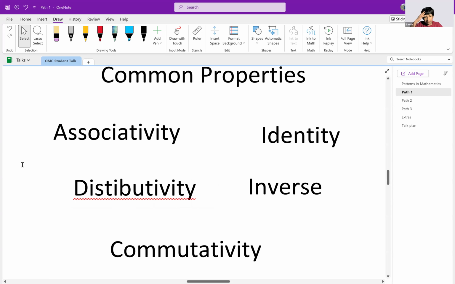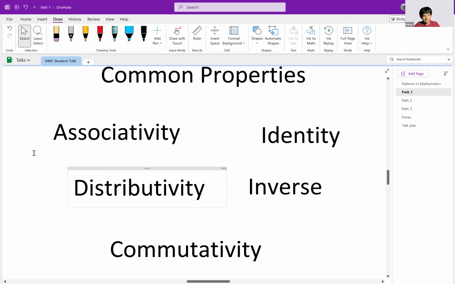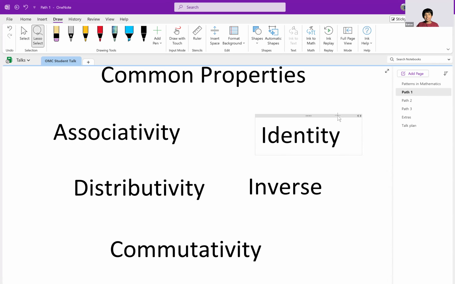I forgot the name. So these are all the common properties. You can see identity seems a bit obvious, but you can have stuff where you have addition, multiplication, and no zeros, no ones.